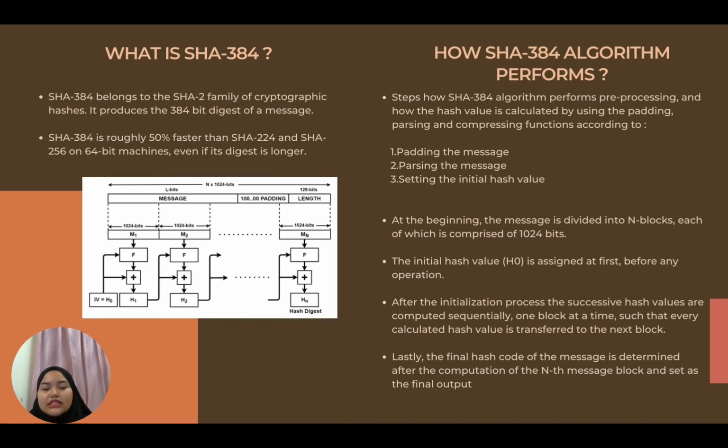After the initialization process, the successive hash values are computed sequentially, one block at a time, such that every calculated hash value is transferred to the next block. Lastly, the final hash code of the message is determined after the computation of the last message block and set as the final output.